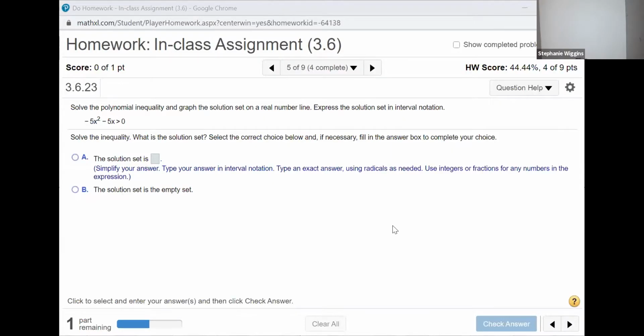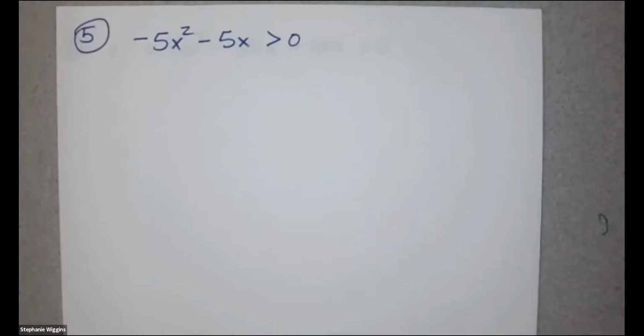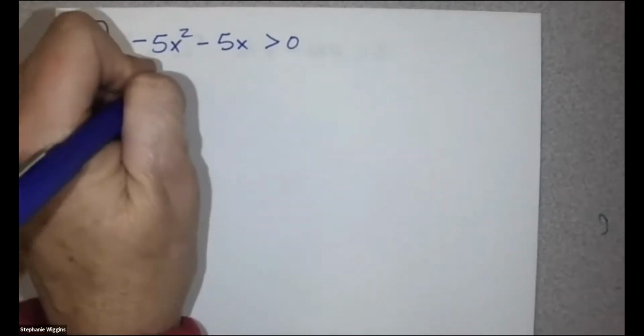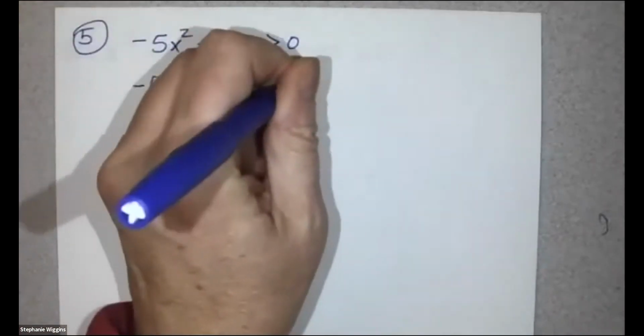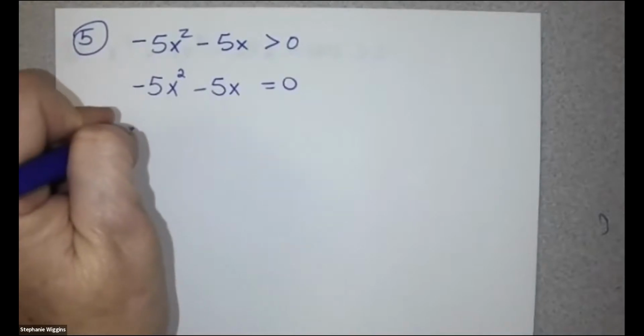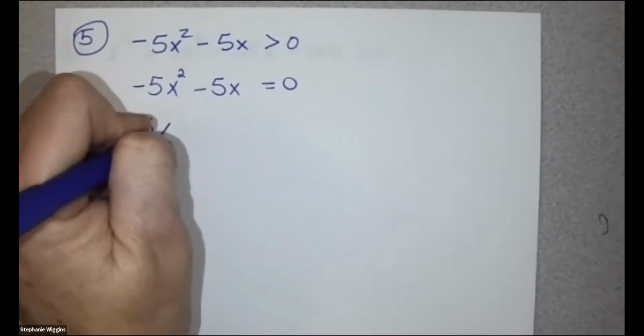Let's see here. It's going back to, we have -5x squared minus 5x greater than 0. We want to solve that inequality. So looking for the zeros, I'm going to factor out the -5 and also x.